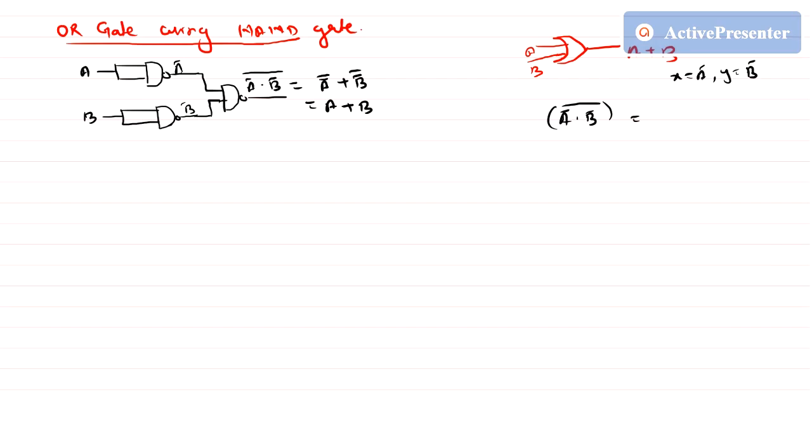So here I can write x into y whole bar, which equals x bar plus y bar from De Morgan's theorem. Then if I replace, it will be A bar bar plus B bar bar. A bar has a double bar, so it will get cancelled and remain A. Here also double bars are there, so it will remain as B. So this is how you can implement your OR gate using a NAND gate.